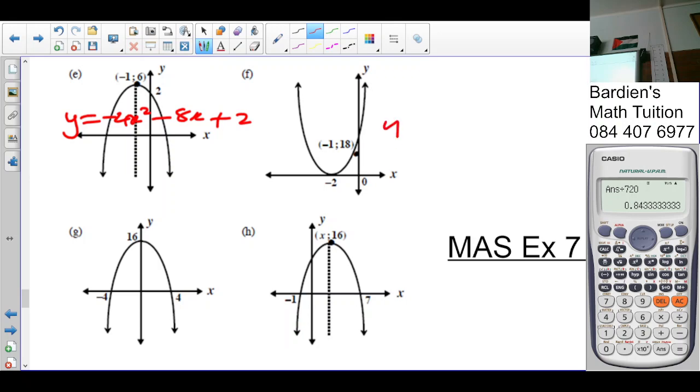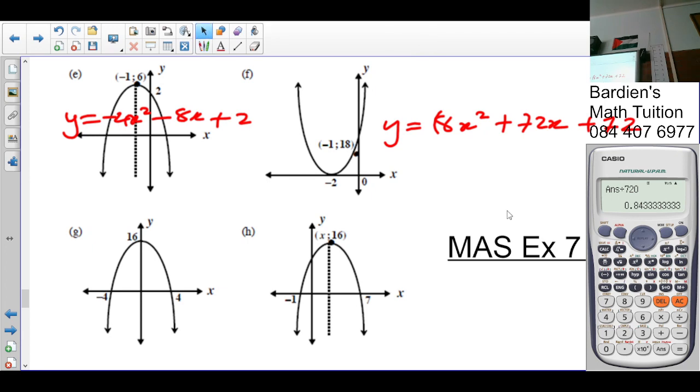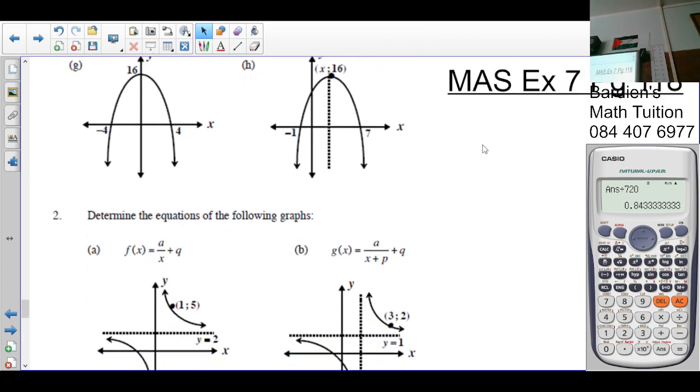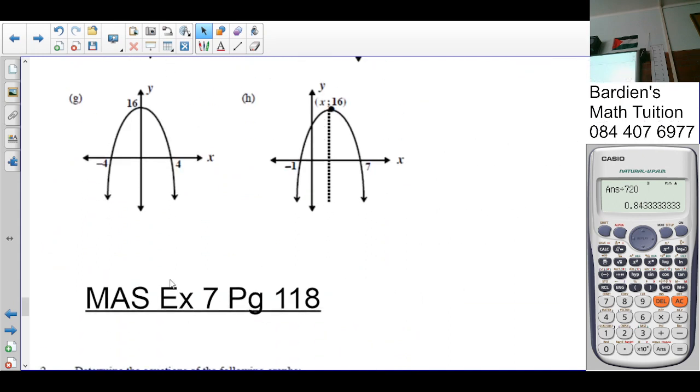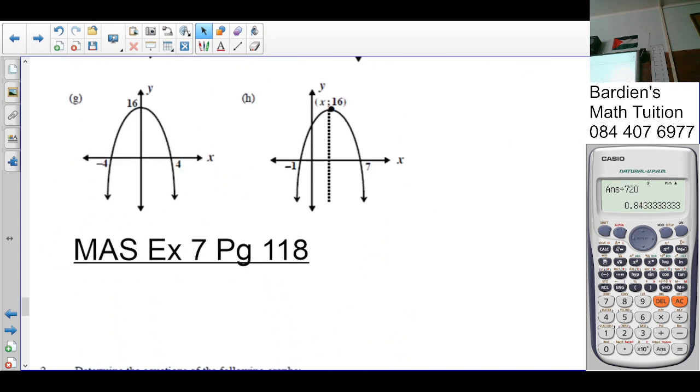Next one, y is equal to 18x squared minus 72x plus 70. Next one, y equals negative x squared. Next one. This is the problem, no?